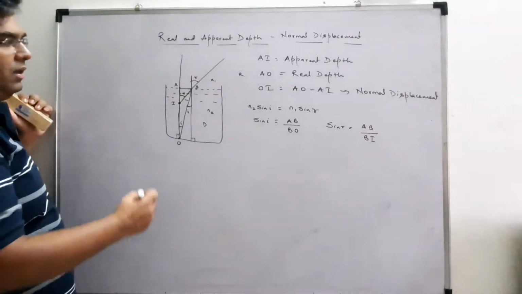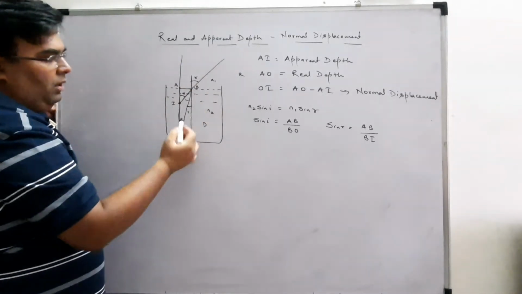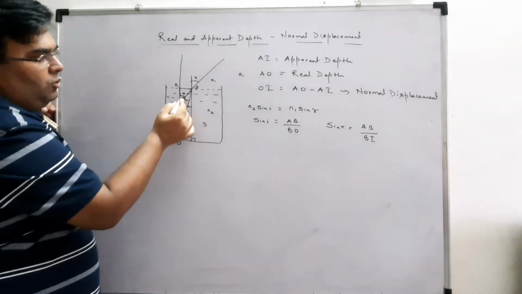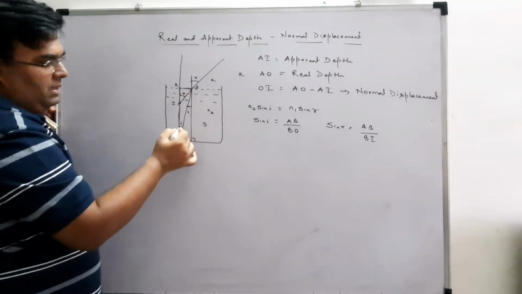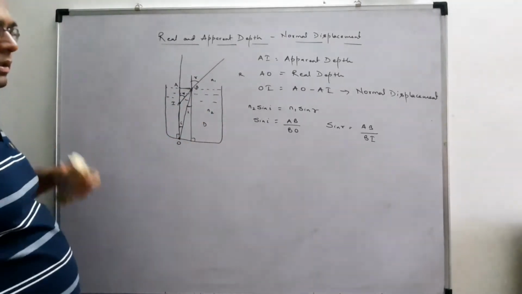I am calculating sine I from triangle AOB and sine R from triangle AIB. So sine R is equal to AB upon BI, and sine I is equal to AB upon BO.